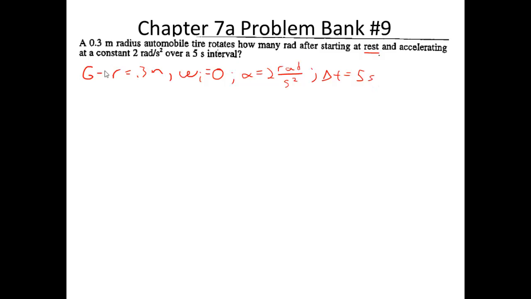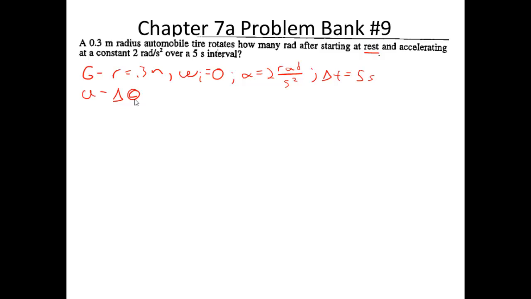Our unknown is delta theta. We want to know how many radians we're going to rotate.